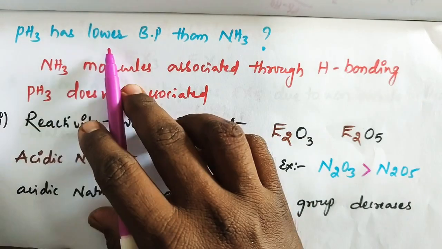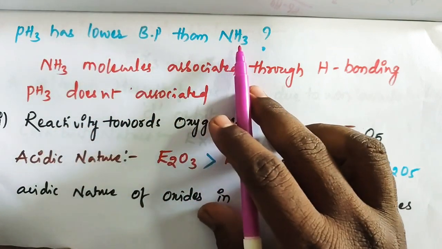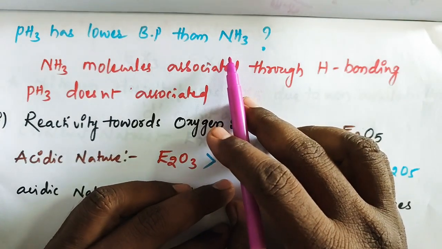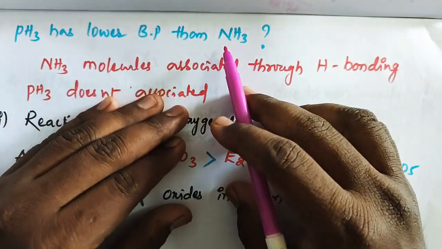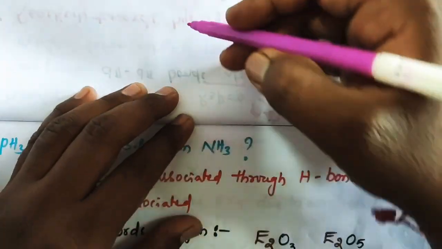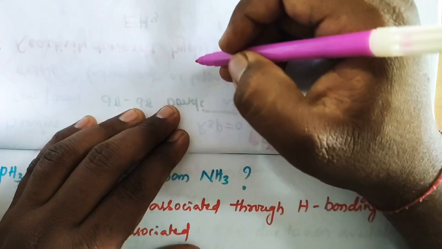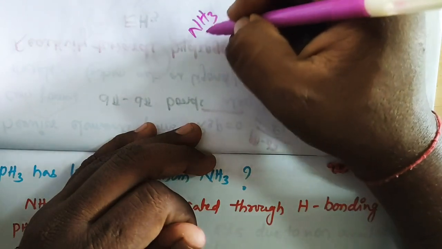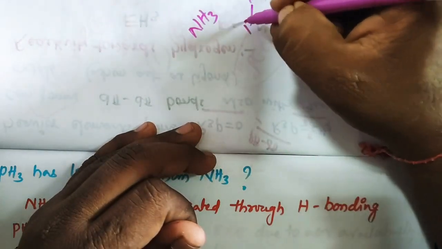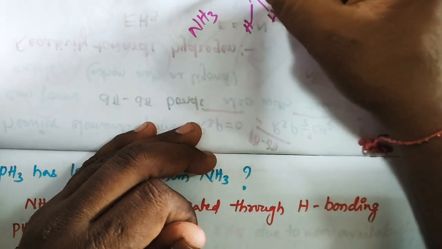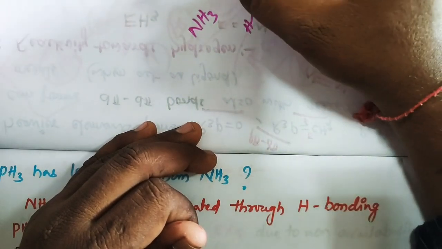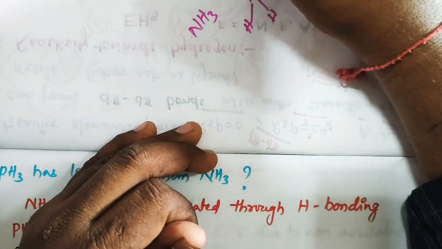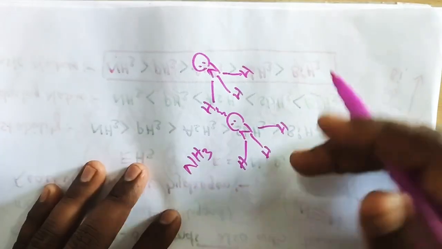One of the questions: why does PH3 have a lower boiling point than NH3? Due to the presence of hydrogen bonding. Nitrogen is more electronegative and forms a bond with the hydrogen of another ammonia molecule.